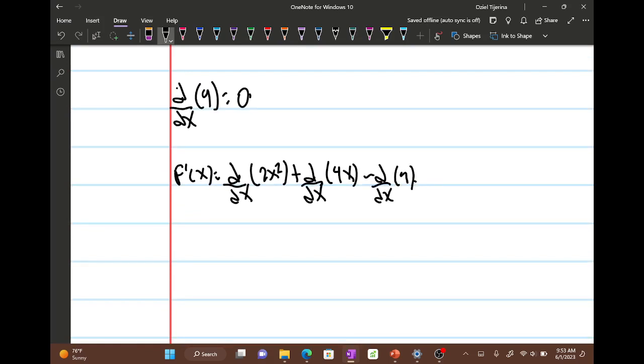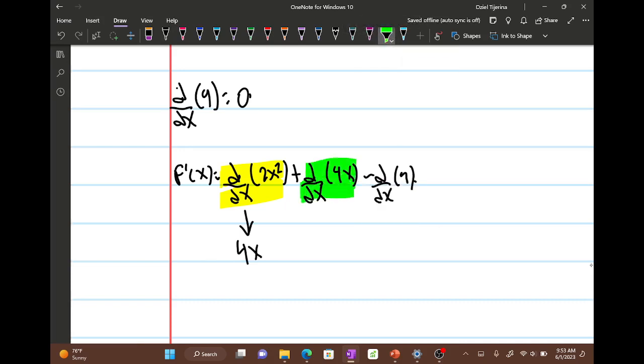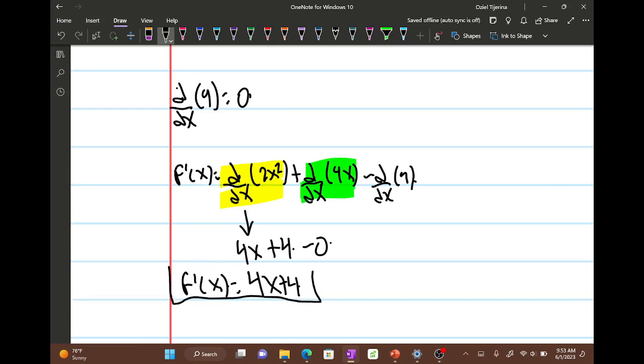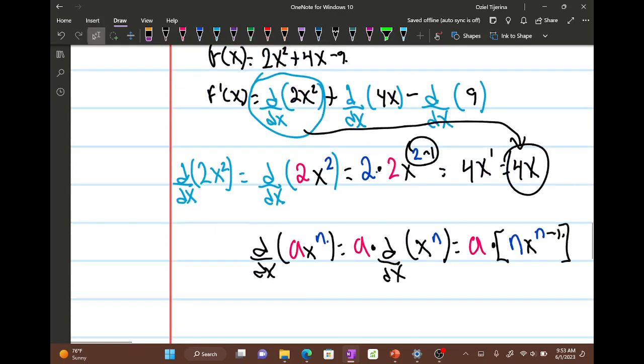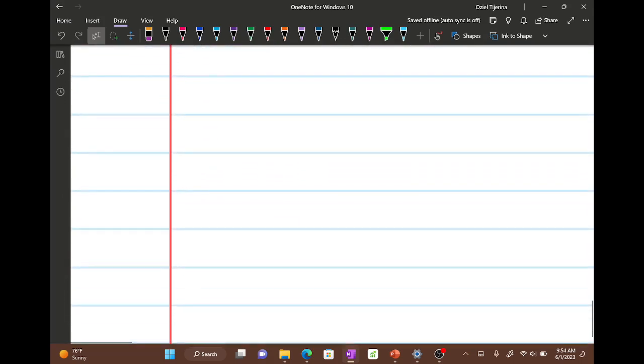So this is 4x, and this part is just 4. Then we have 4x plus 4, minus 0, so it's just 4x plus 4 equals f prime of x. That'll be our answer, right? So that's how you do that one. Let's go over another one.